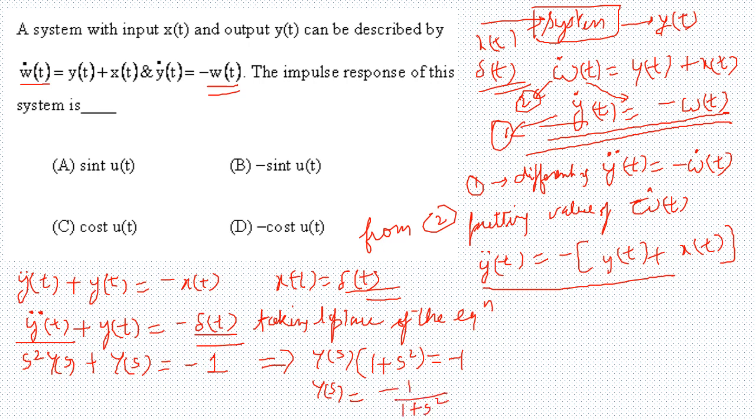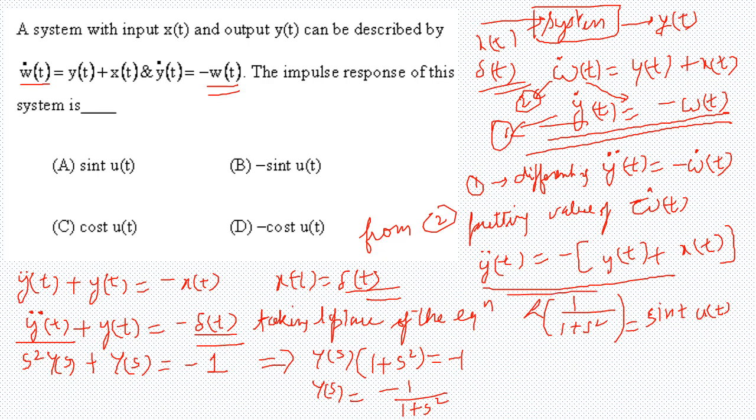Now we need the answer in the time domain. So we know that the inverse Laplace of 1 over 1 plus s square is sine of t u of t.